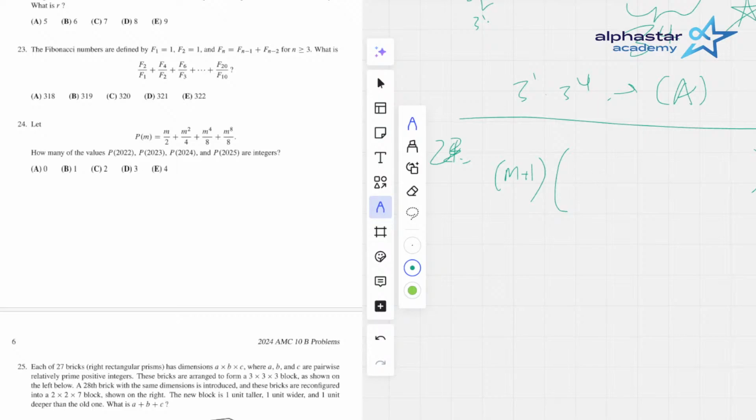Okay, anyway, the even ones are definitely true, right? Those are definitely integers. So the only ones that are worrisome are 2023, 2025. So 2023, that gives us 1/2.